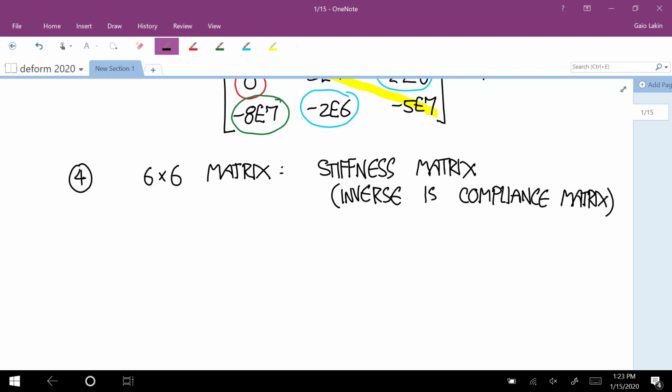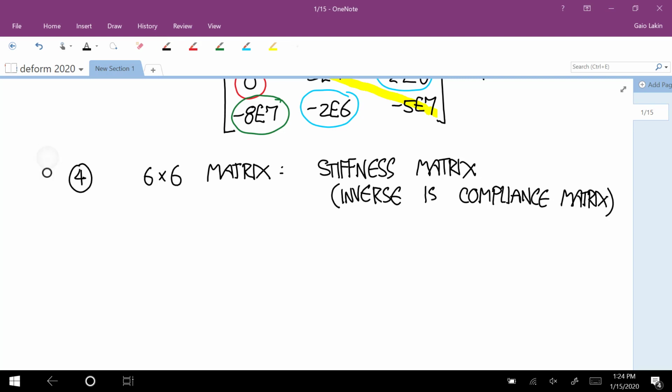The compliance matrix will be the reciprocal of that. So that's already your first sanity check in this class: if you ever measure a stiffness matrix and you have values that are near or less than 1, something went wrong. If you ever have a compliance matrix with values near or greater than 1, something went wrong.